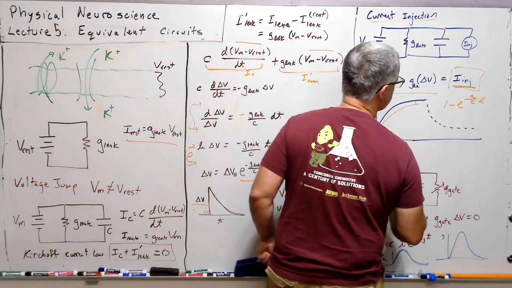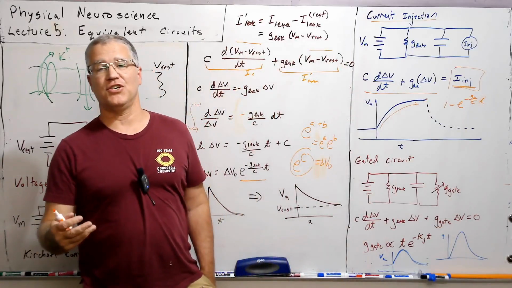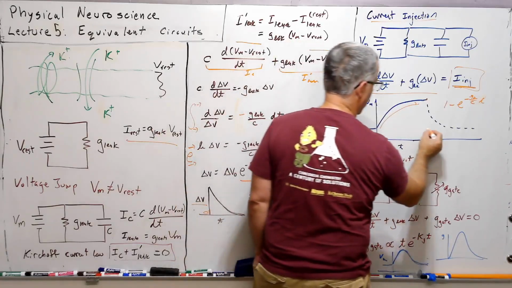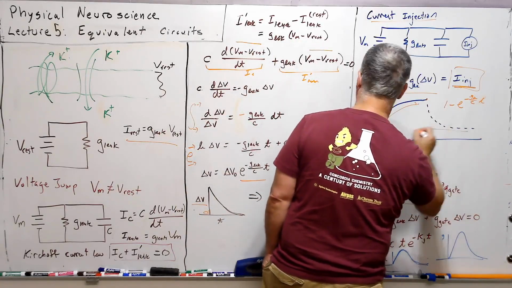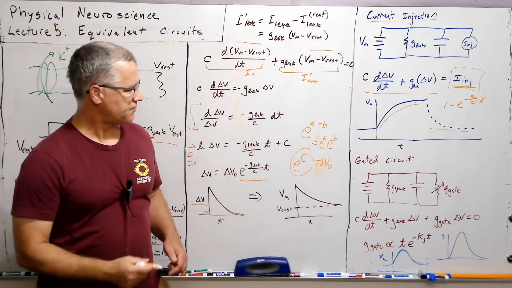Then if we were to turn this off, we effectively have a voltage jump, because we no longer have this driving force. Our voltage is away from the rest, and so this back half is just what we calculated before.